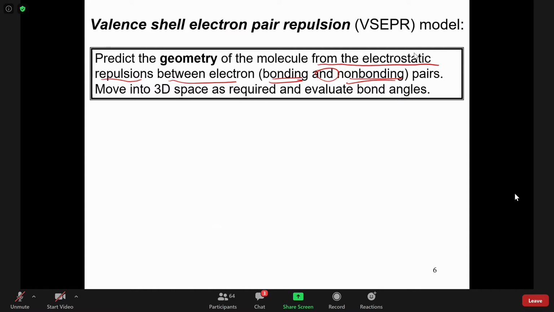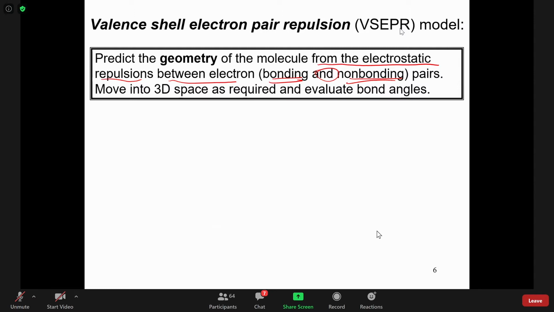What literally drives the fact that they want to be away from each other? What drives them apart? It says it right here in this boxed statement. What's the key statement that tells you that electron pairs don't want to be close to one another?